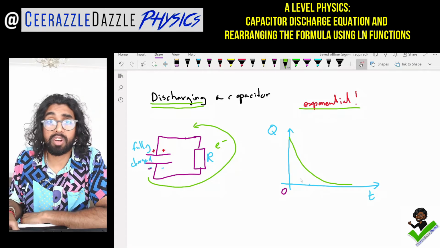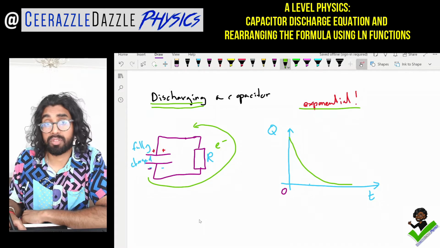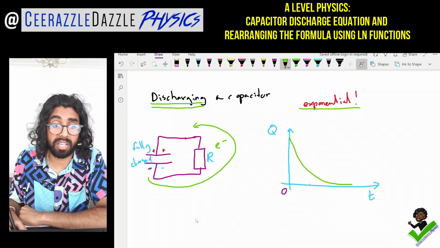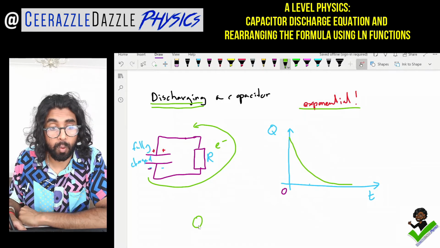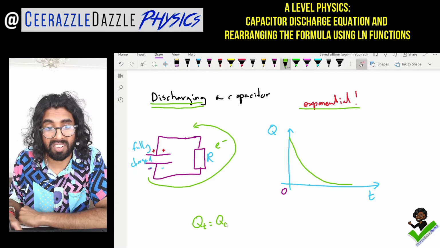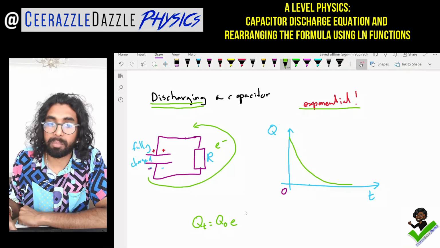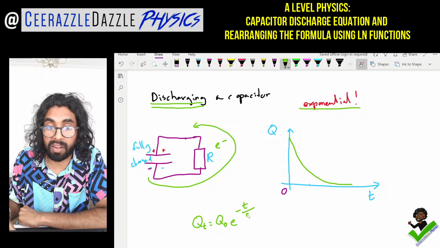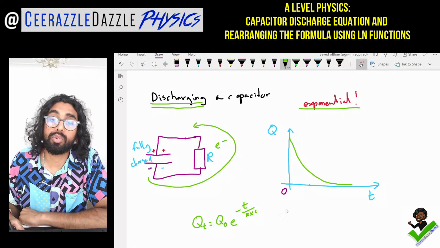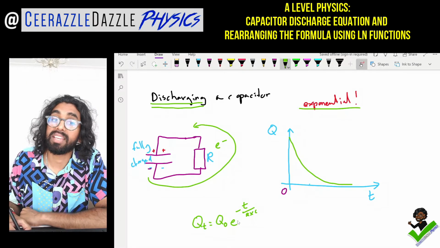From this graph, we can then get the equation to define the discharge of a capacitor. Q at time t will be equal to Q0 e to the power of minus t divided by R times C. Qt is equal to Q0 times e to the power of minus t over RC.